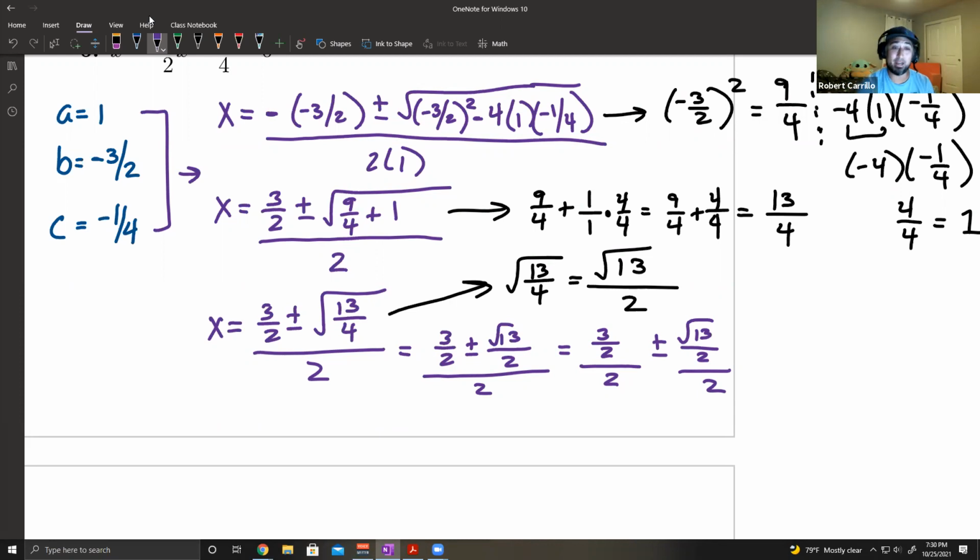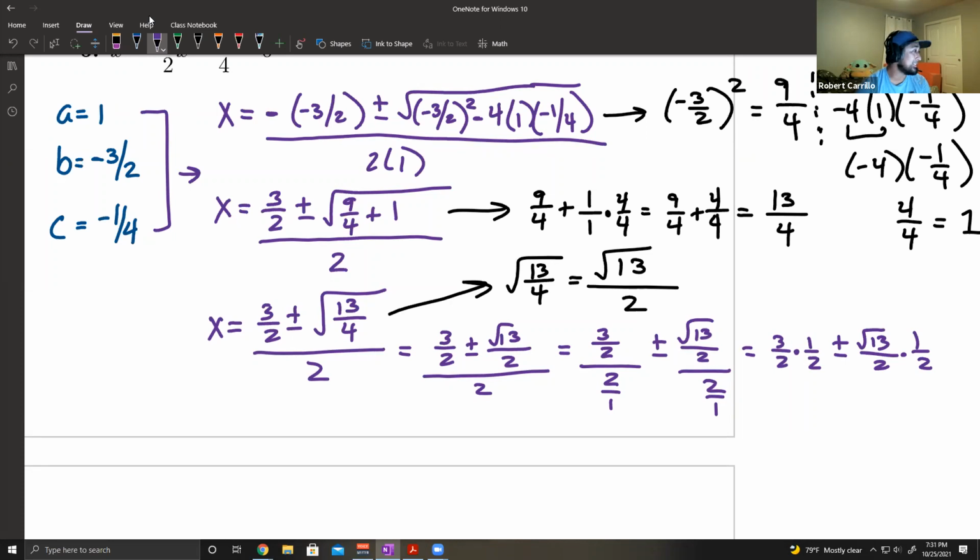Now we'll multiply by the reciprocal, because these 2's I can put over 1 and fraction over fraction, multiply by the reciprocal. That becomes 3/2 times 1/2 plus or minus square root 13 over 2 times 1/2.